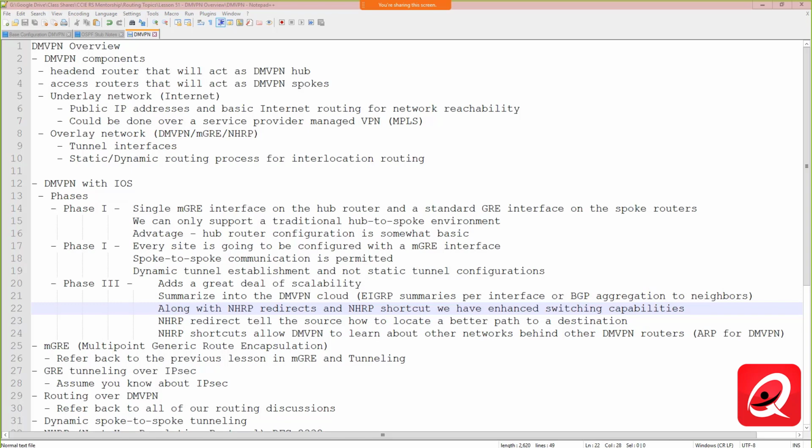The tunnels themselves get created as on-demand circuits between the nodes. The only ones that are permanent are the tunnels that go from the spoke routers to the hub routers.